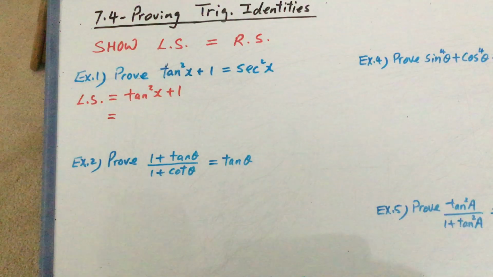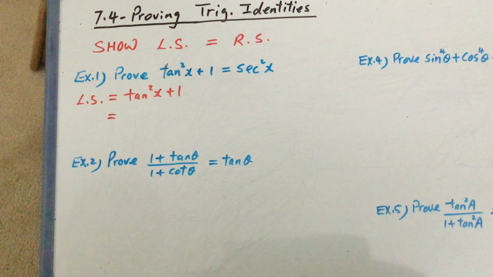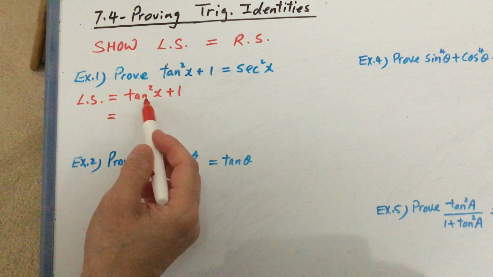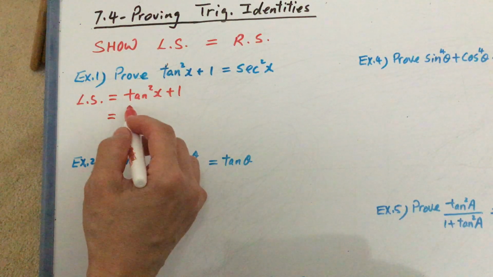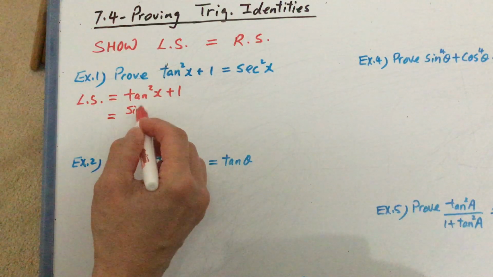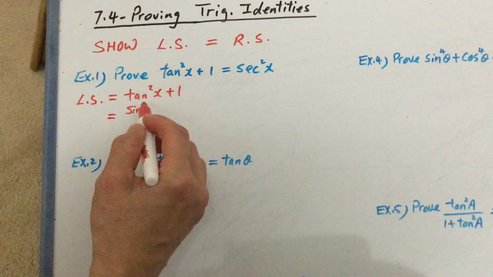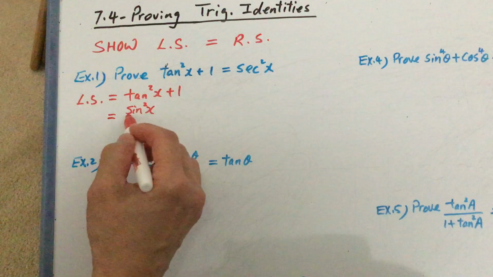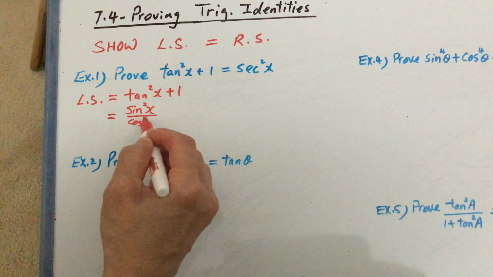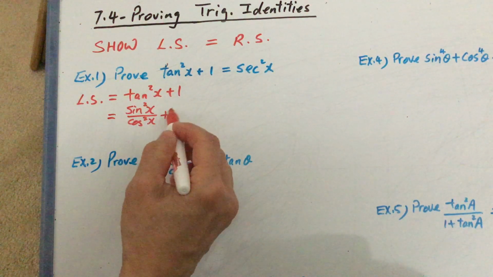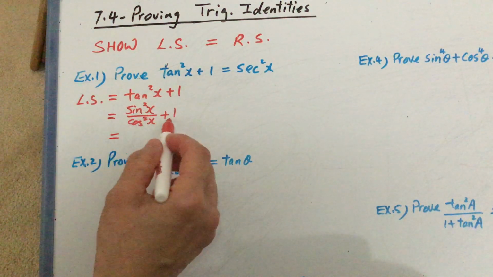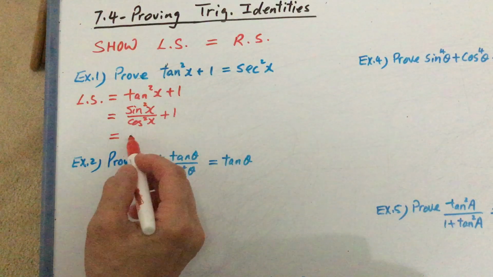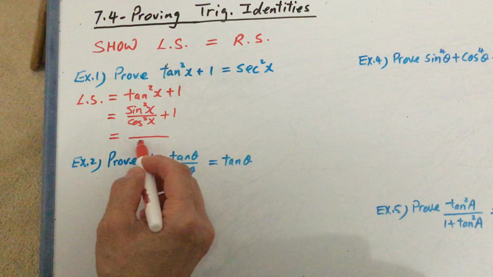What we know about tangent is that it can go further in terms of sine or cosine. So tangent squared x becomes sine squared x over cos squared x, plus 1. Then, when you're adding a fraction with a whole number, you do a common denominator.